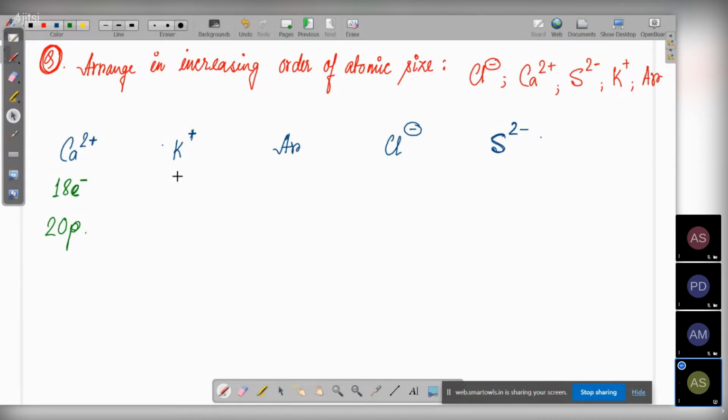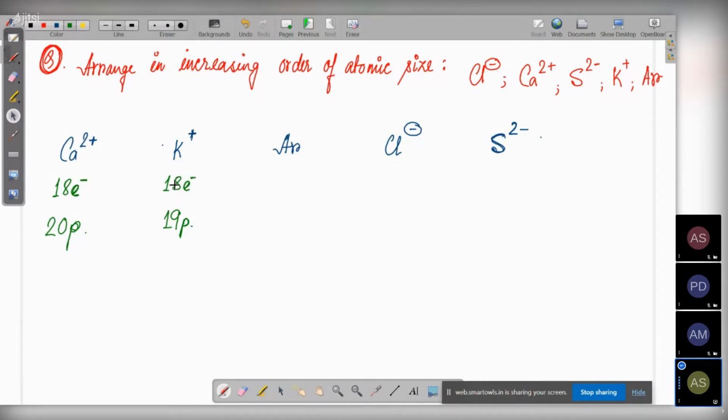Now think about potassium. Normal neutral potassium has 19 electrons, that means 19 protons also. But it is K plus, so it has lost one electron. Now there are 18 electrons and 19 protons.